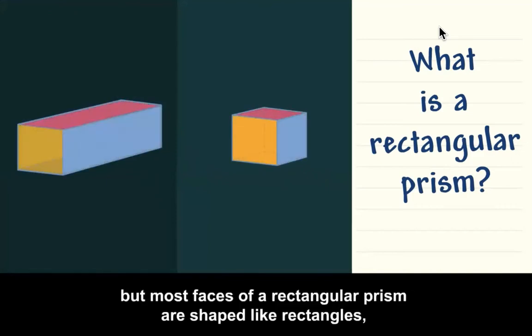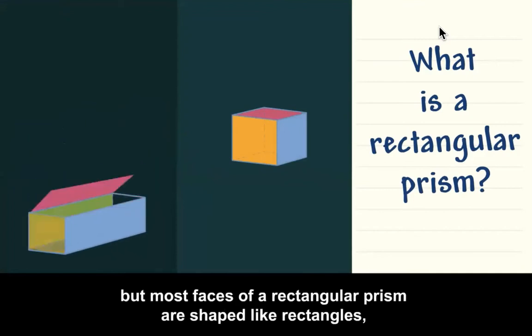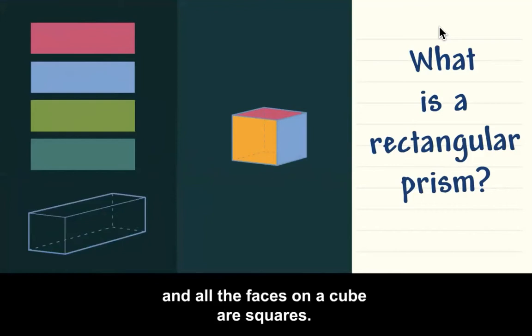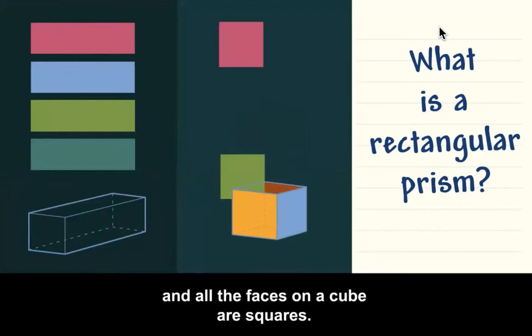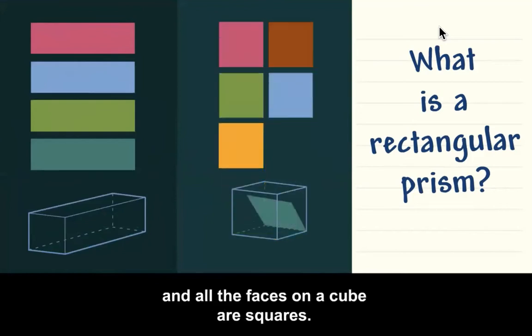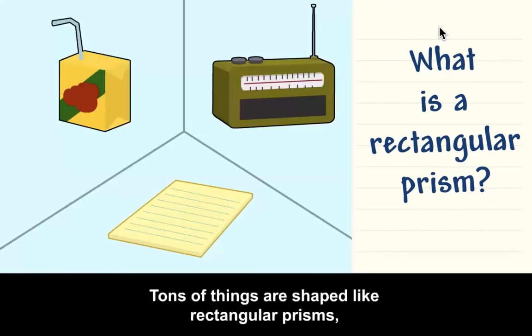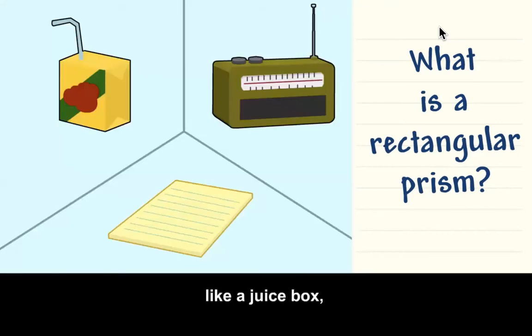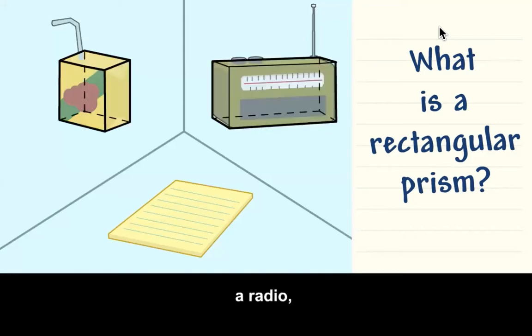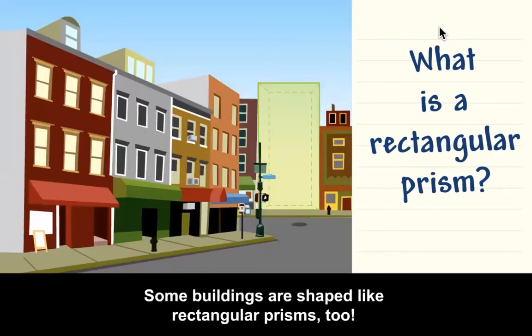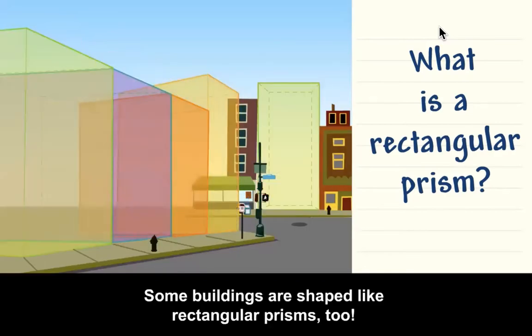But most faces of a rectangular prism are shaped like rectangles. And all the faces on a cube are squares. Tons of things are shaped like rectangular prisms, like a juice box, radio, and even a thin piece of paper. Some buildings are shaped like rectangular prisms too.